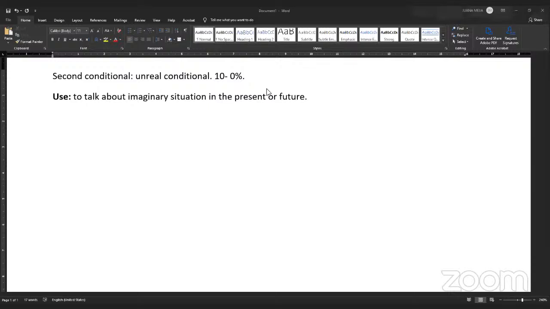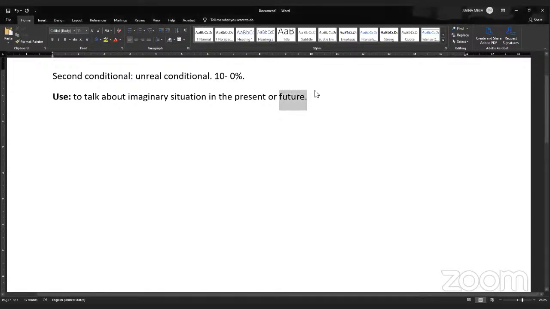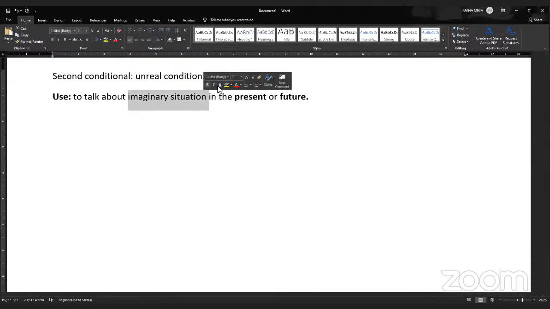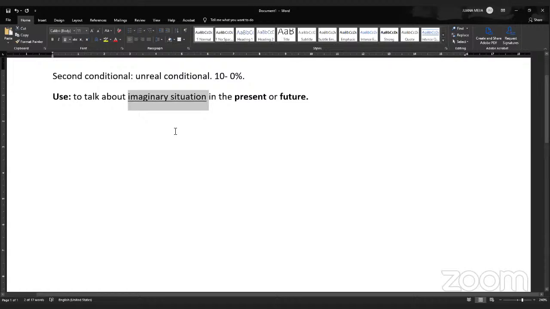Listen, please. To talk about imaginary situations in the present or future. So be careful, please. Even though we see the word future, we don't work with will or won't. That's different. You see, present or future. Double check this one. Imaginary situation. Imaginary, so this means something that we're not sure will happen in the future. So that is the reason the second conditional is 10 or 0% of probability.